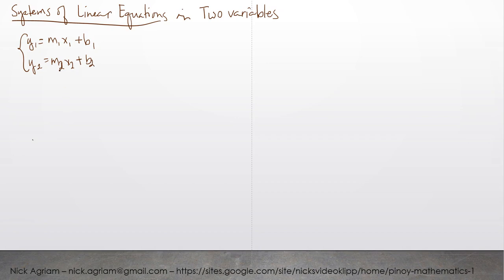That means, as I discussed before, if m sub 1 is equal to m sub 2, then no solution. If m sub 1 is not equal to m sub 2, then you have one solution.